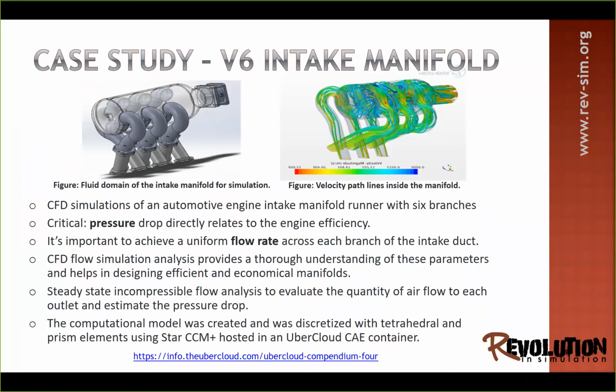And Star-CCM+ has been used and it's hosted in an UberCloud CAE container. And this case study, again, you can access through this UberCloud website link to our compendium number 4.